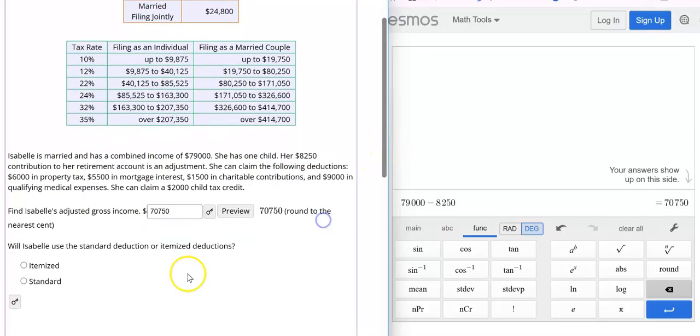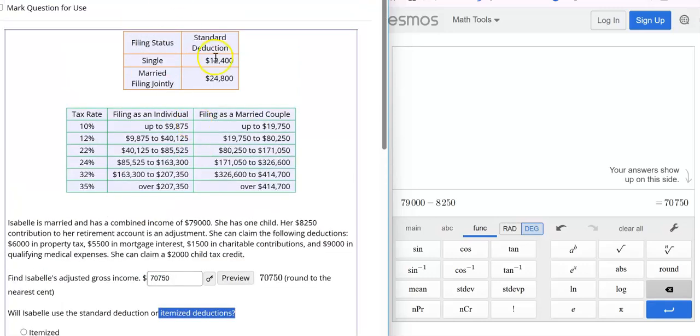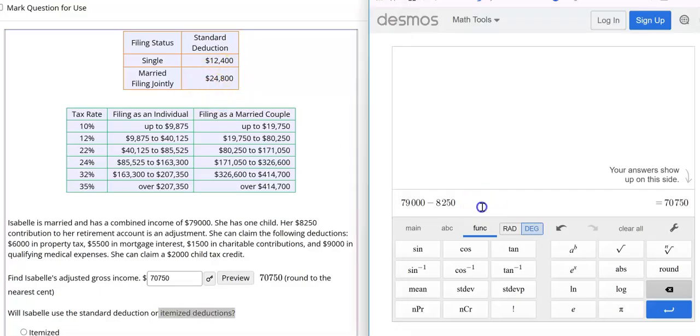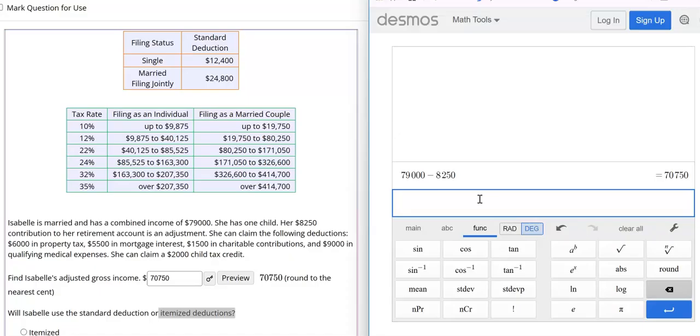And the next question asks, will Isabella use the standard deduction or itemized deduction? She has to use either standard or itemized, but you have to find which one is bigger. The standard deduction for married filing jointly is $24,800. Let's find the itemized deduction.